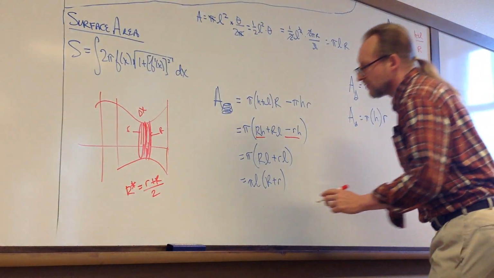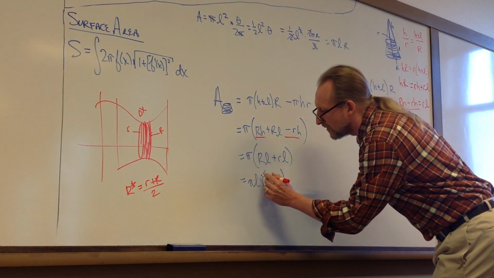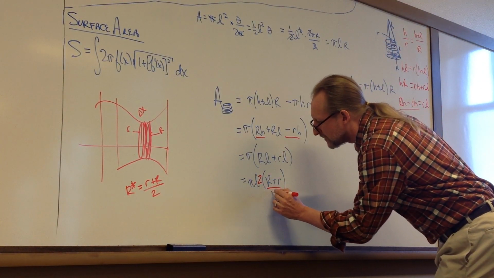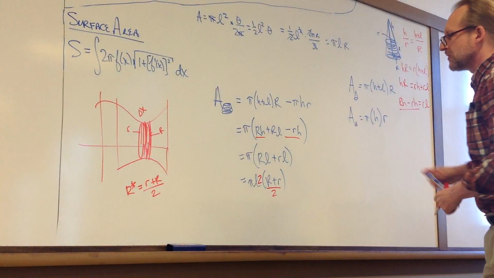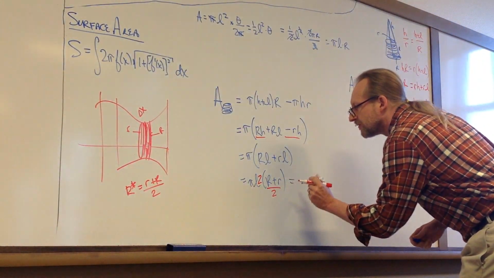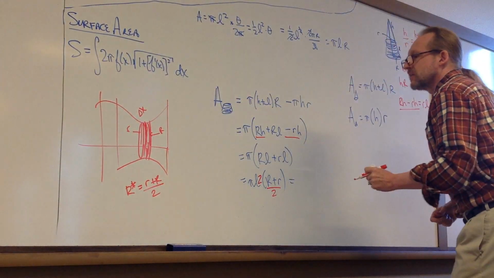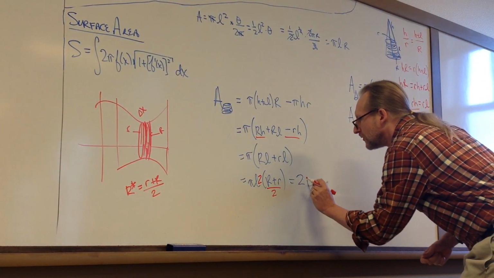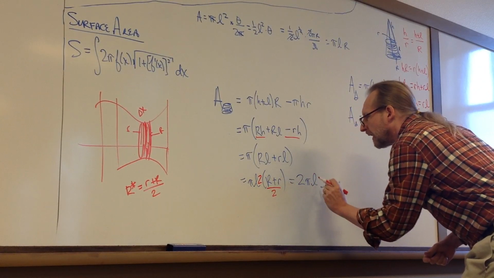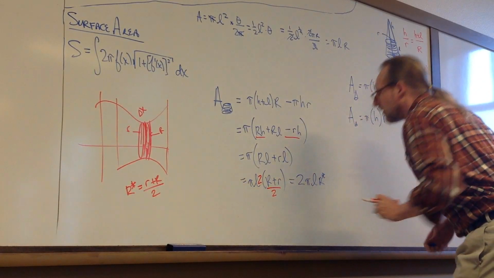And so now to introduce that into this formula, we're going to multiply by 2 here and divide by 2 here. And so now what we've got is the surface area for that truncated cone is going to be 2 pi L times r star.